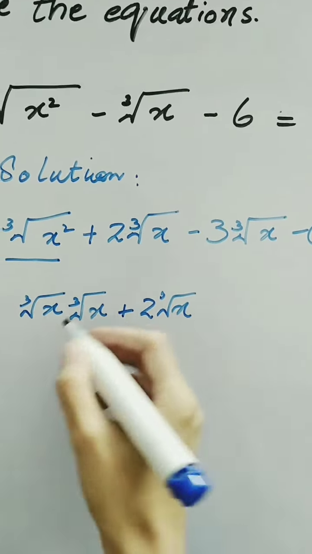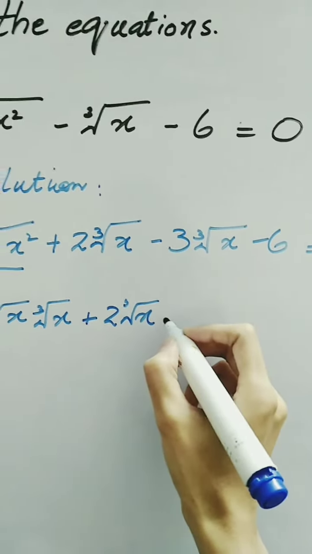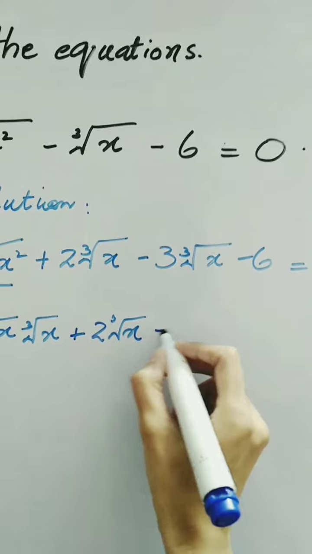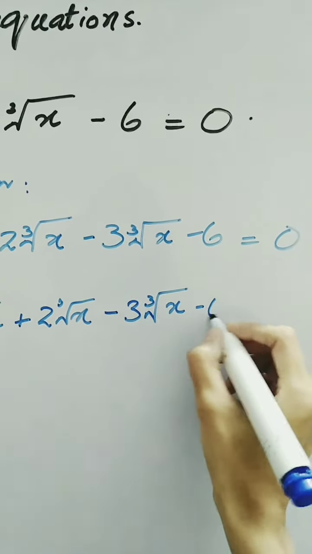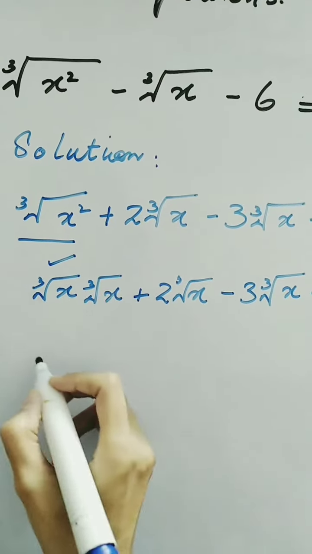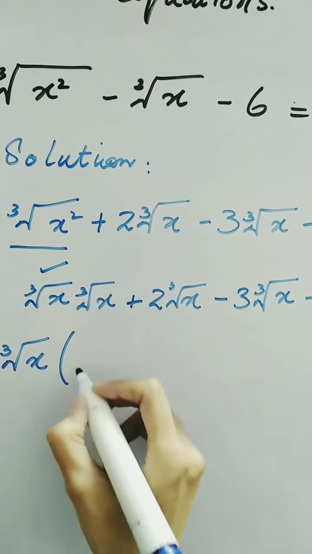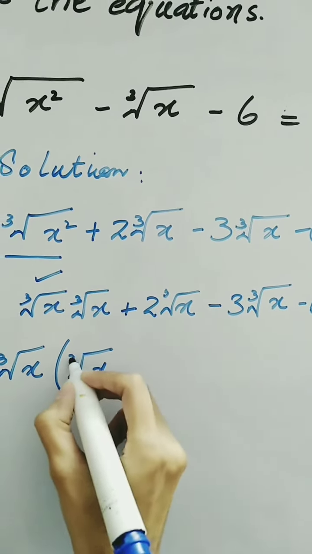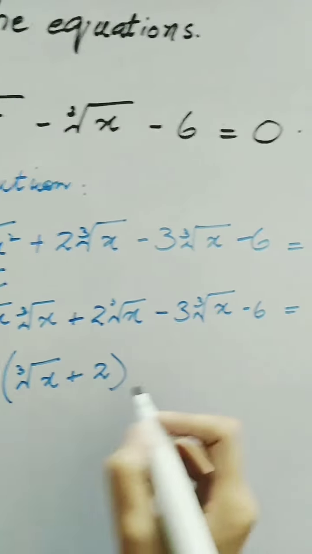There is no need to write it in this form. In the next step, I am going to take the common, so it becomes easier to understand how we have taken the common over here. Now we take the first term as common, which is cube root x. So inside the bracket we will have cube root x plus 2, as cube root x is common here.